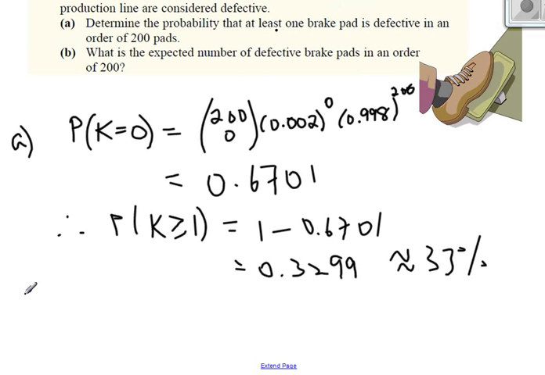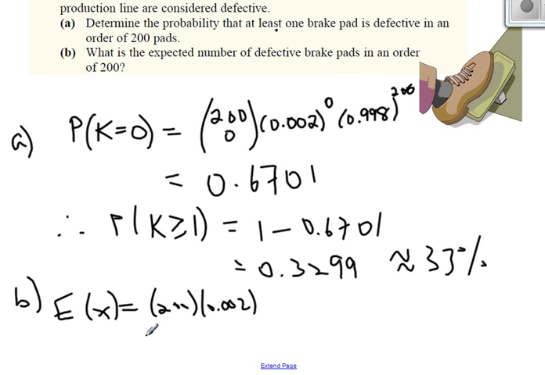Part B says, what is the expected number of defective pads? So because this is a binomial experiment, you either get a defective pad or you don't. We can use a binomial experiment shortcut where we multiply n times p, and in your calculator you would get 0.04.